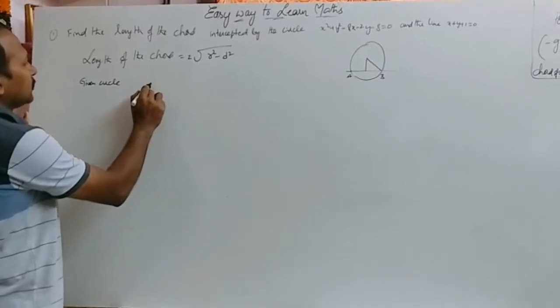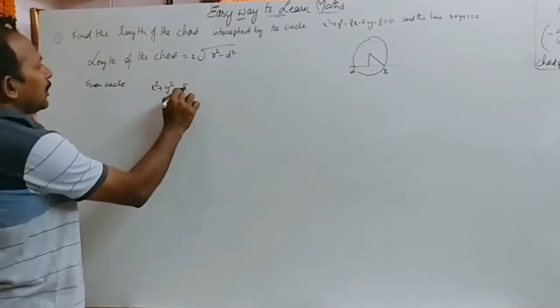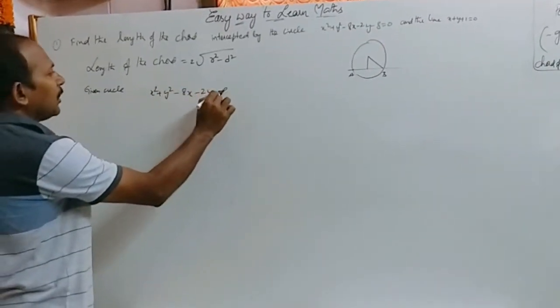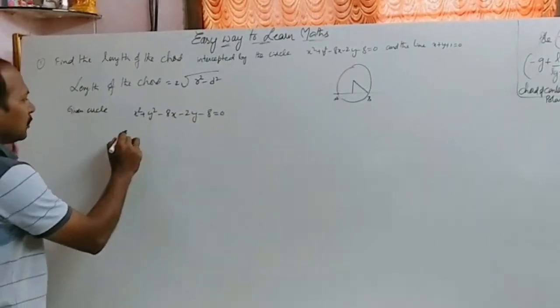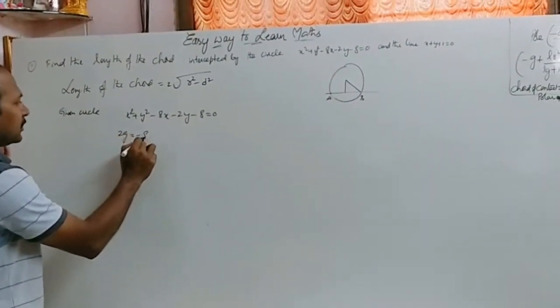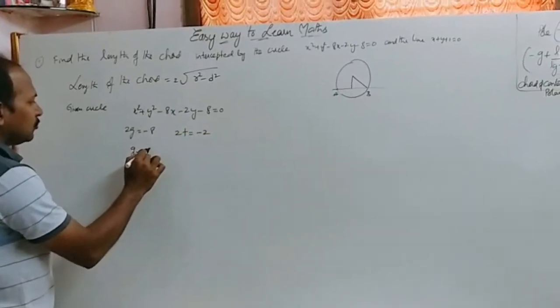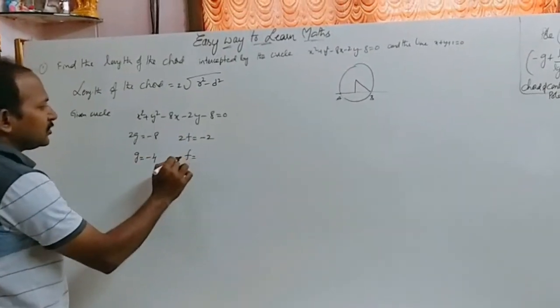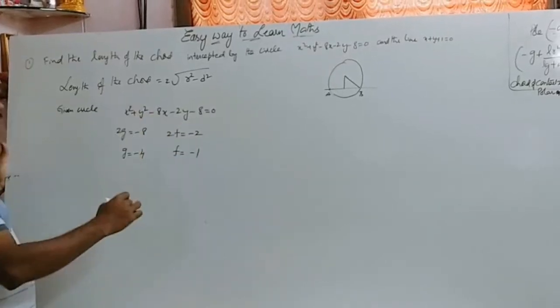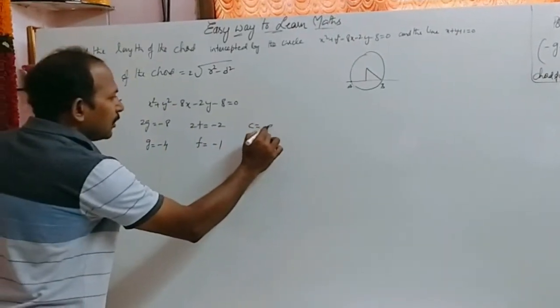Given circle x square plus y square minus 8x minus 2y minus 8 equal to 0. Here 2g is equal to minus 8, 2f is equal to minus 2. Therefore g is equal to minus 4, f is equal to minus 1 and c is given as minus 8.